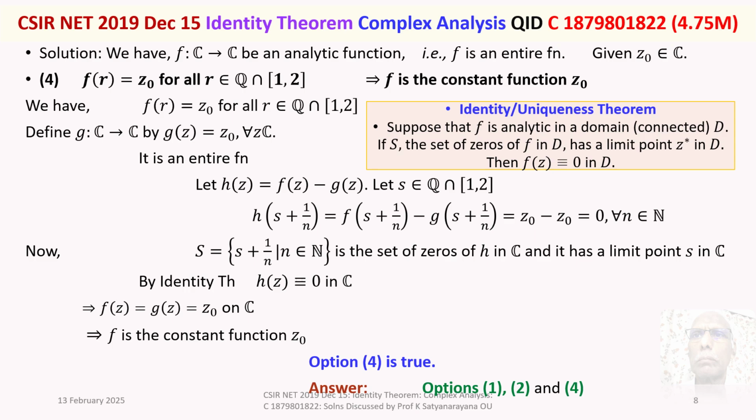So learn the identity theorem, the uniqueness theorem, and prepare very good notes on it, and gather all those questions that have appeared in the CSIR NET examination and solve them and prepare good notes. And before going to the examination, just glance through it, and you will be successful in the exam.